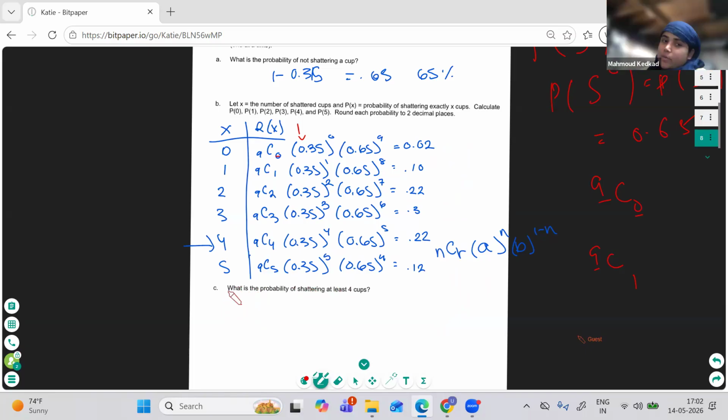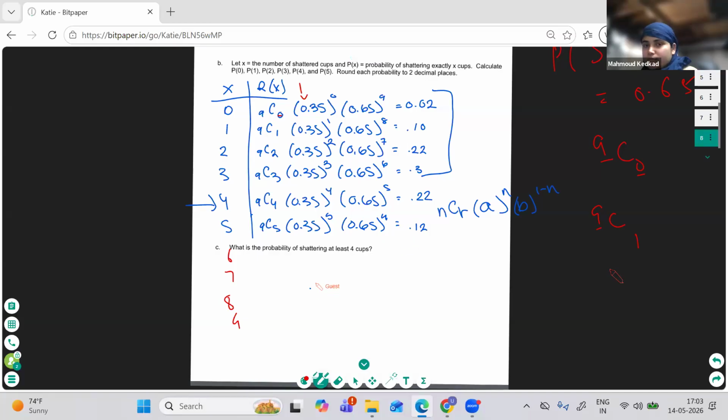You could find 6, 7, 8, 9 too, but you could just subtract from 1. Yes, exactly. That was the whole point of only finding till 5. So 0.36, is that the answer, or is that the sum of the first three? That's 1 minus the first three. Okay, you have the answer. I'm guessing it's the same thing. Let's see.